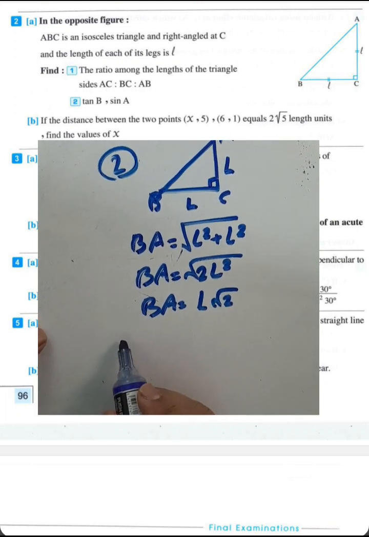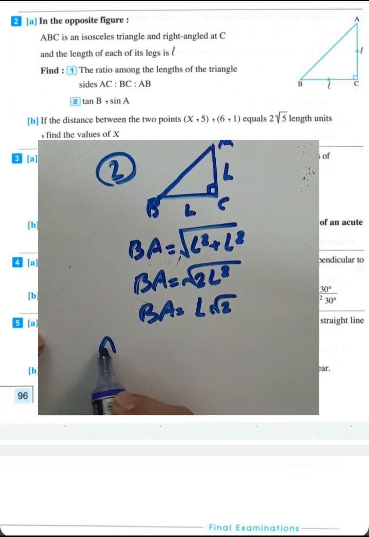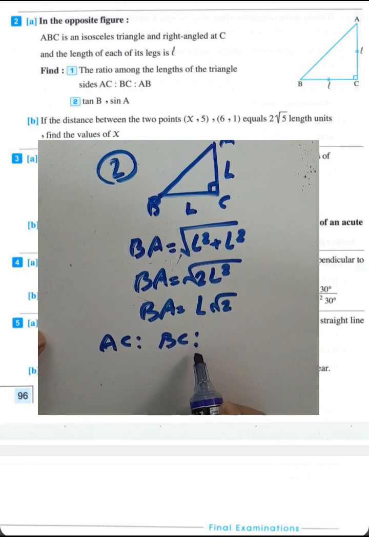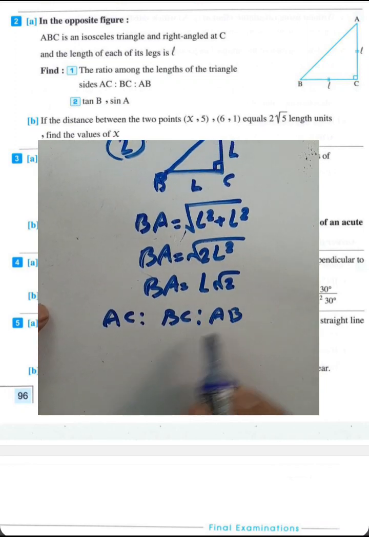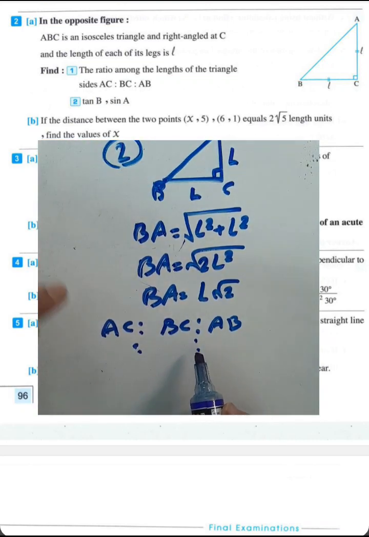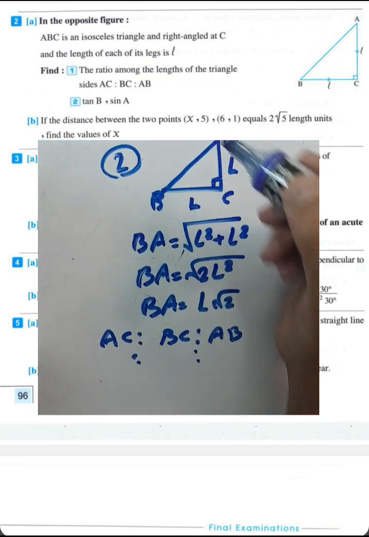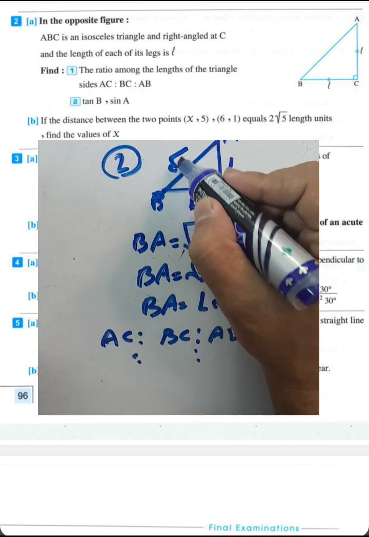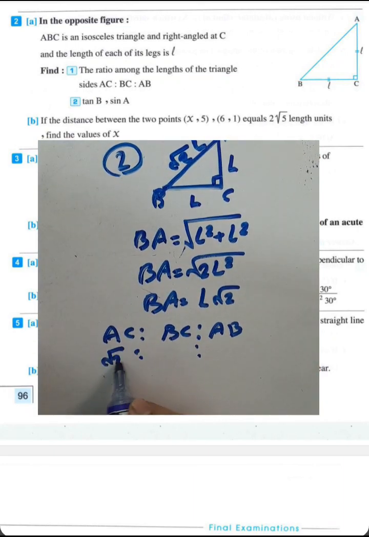Then we can write the ratio between the three sides, AC to BC to AB. AB is L multiplied by root 2, then the result will be root 2L.